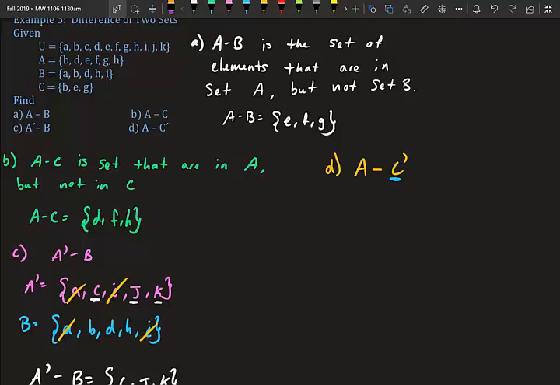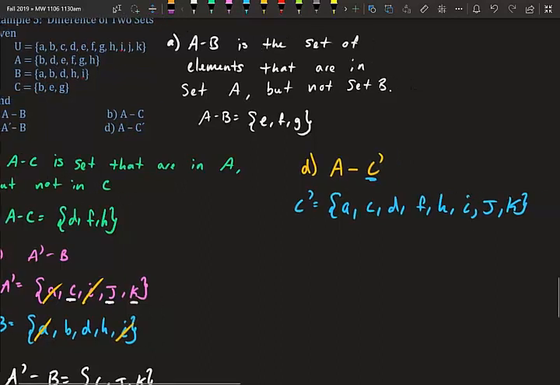In C, we have B, E, and G, so everything else is the complement: A, C, D, F, H, I, J, and K.